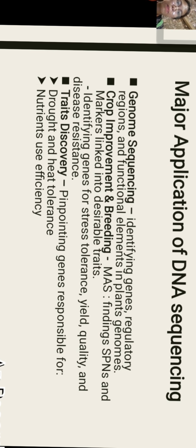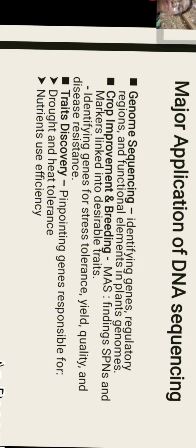Next is crop improvement and breeding, or MAS, marker-assisted selection. It is a modern way to improve crops instead of waiting for plants to grow. We look directly at the DNA.